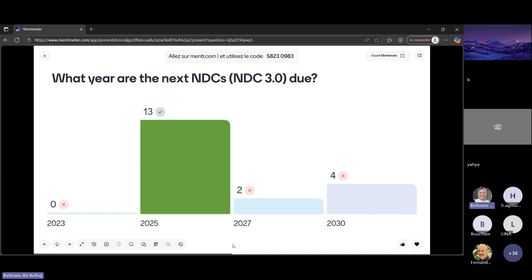Some of the other countries who couldn't submit in those dates still have a chance before COP or before the end of the year. But at least we need to respect this year, which is 2025.